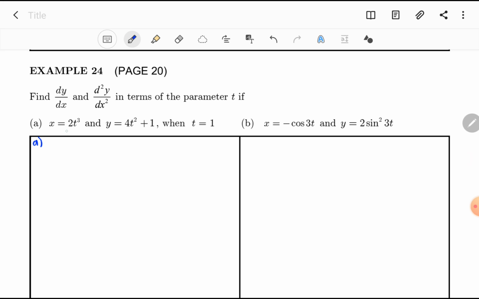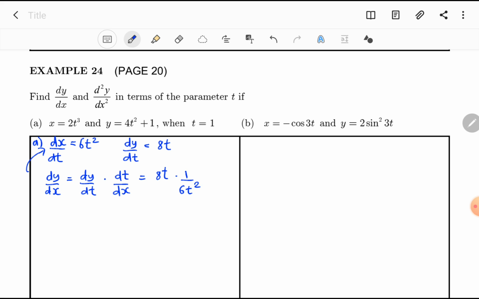For part A, we have x equals t cubed. So we need to find dx/dt. dx/dt equals 6t squared, and dy/dt equals 8t. dy/dx equals dy/dt times dt/dx, so equals 8t times, for here we have dx/dt, so dt/dx is 1 over 6t squared.